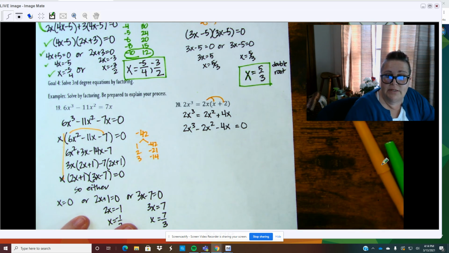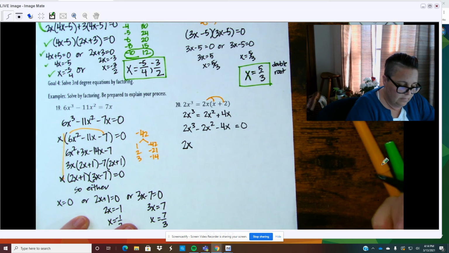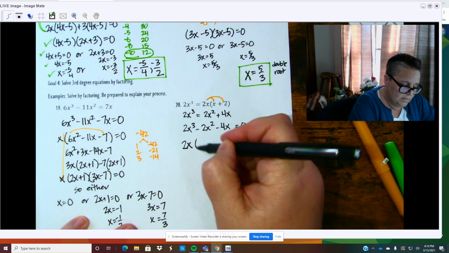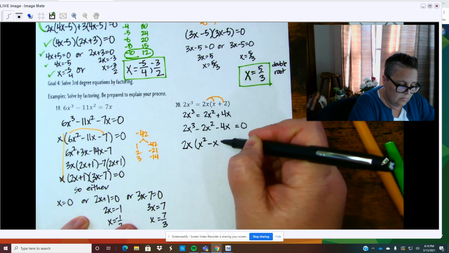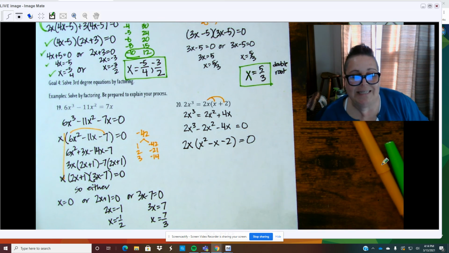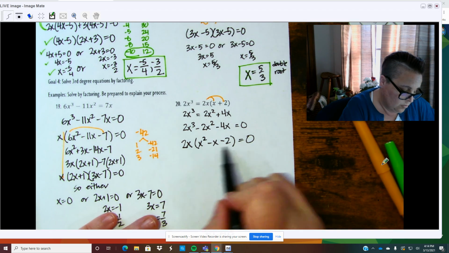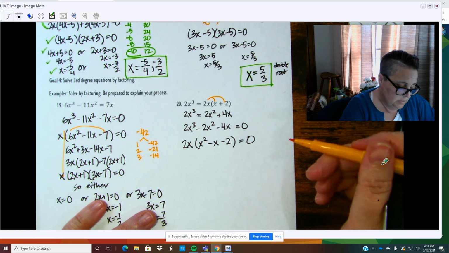I see I can pull a 2 out of everything, and I can pull an x out of everything. And that's going to leave me with x squared minus x minus 2. So now I want to see if I can factor this trinomial further. X squared minus x minus 2.